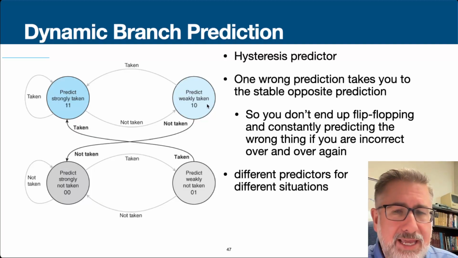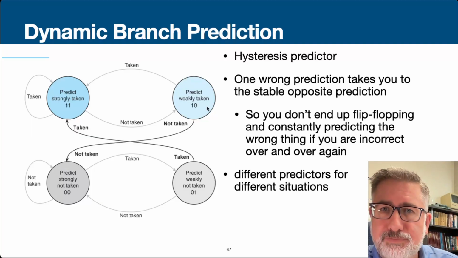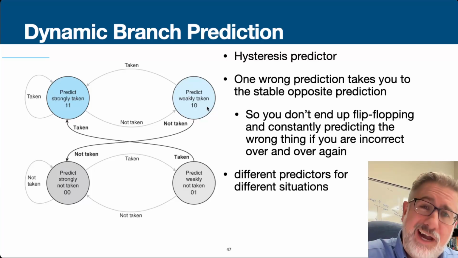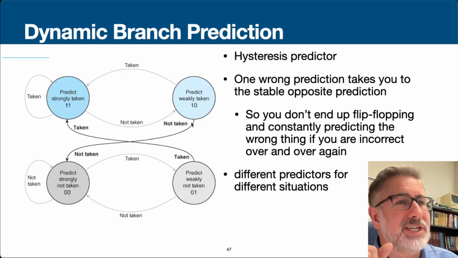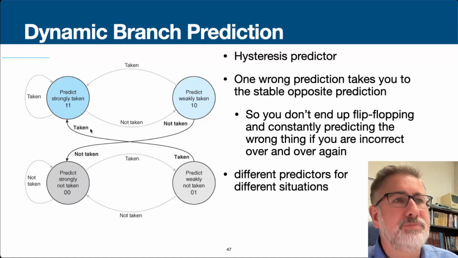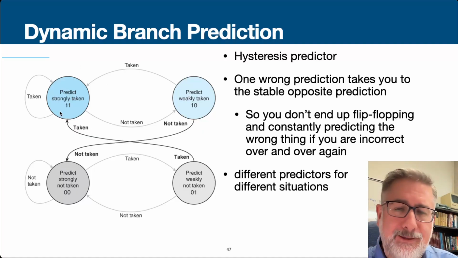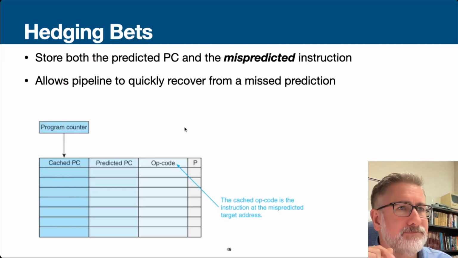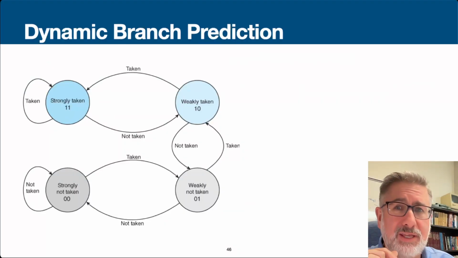Then if we're wrong again, the hysteresis predictor will say, you know what, we've been wrong twice. I bet we're now in the non-taken zone. So we skip right to strongly not taken, and then we have to take it twice before we can predict taken again.